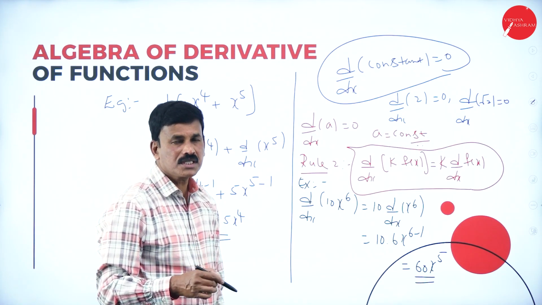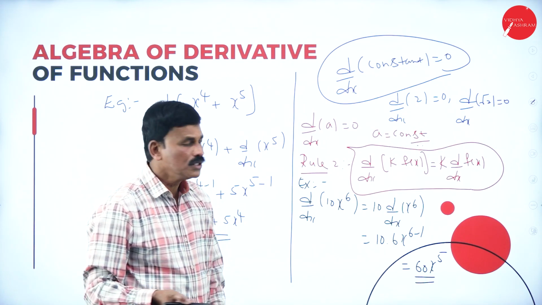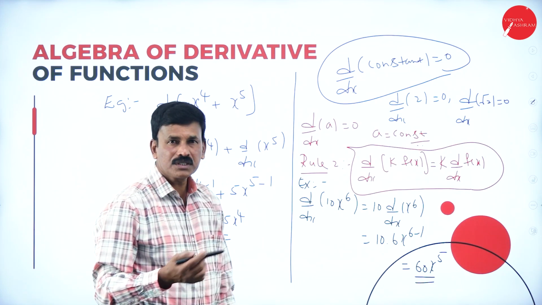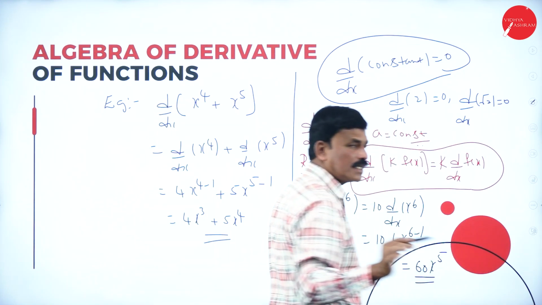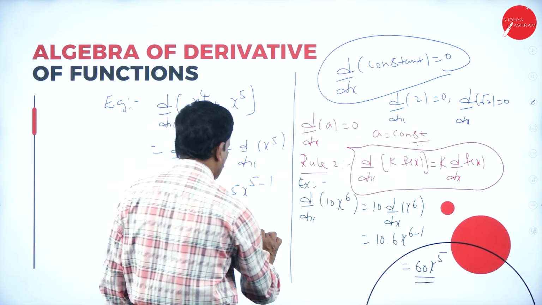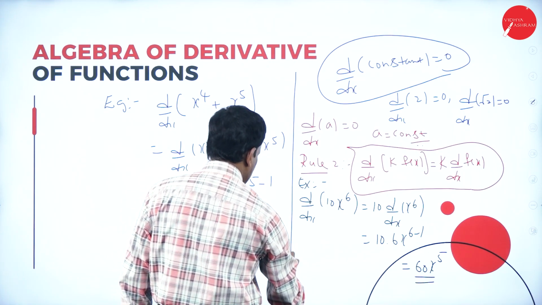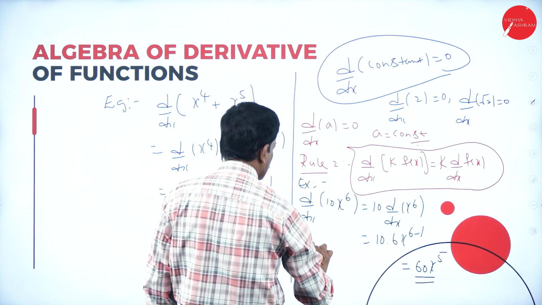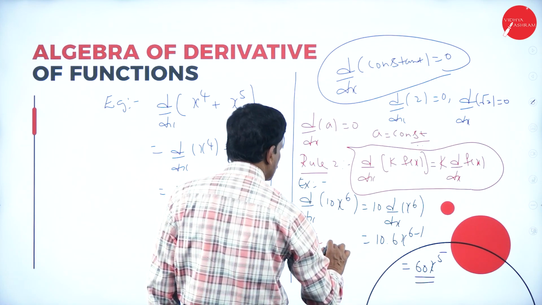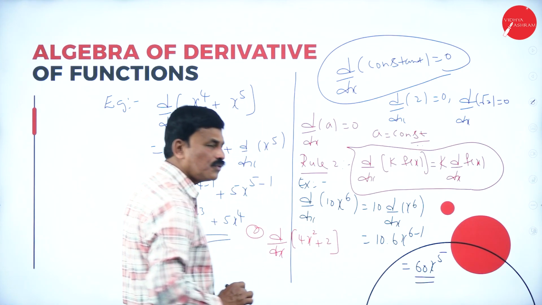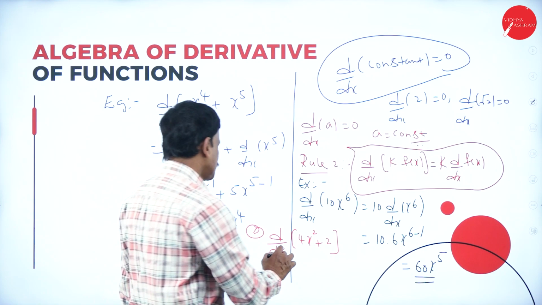So, the derivative of a constant is 0. If it is a constant into a function, the constant is kept out. Let us take one more example. Example number 2: d by dx of 4x to the power of 2 plus 2, that is, 4x square plus 2. Now, how to differentiate this?